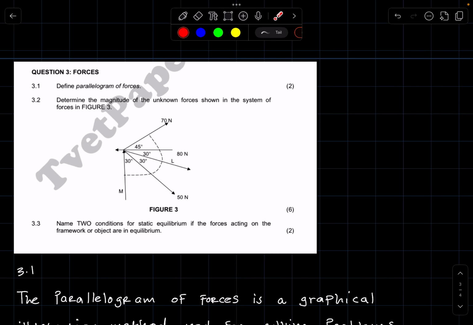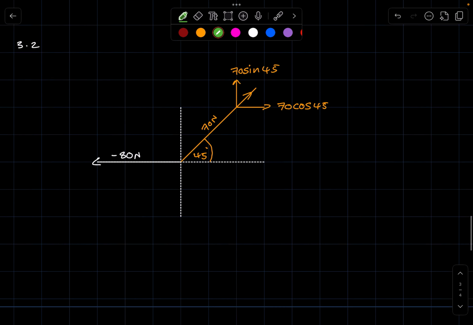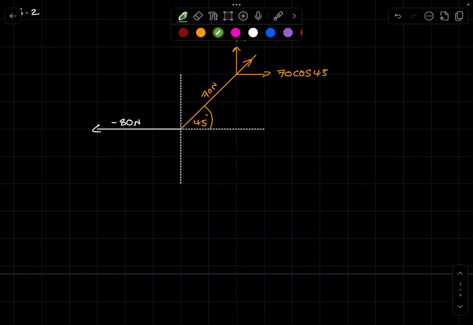And then you have the force L. The L is in this direction. We are going to use the angle referenced from the x-axis, and that angle is 30 degrees, making an angle of 30 degrees headed in that direction.